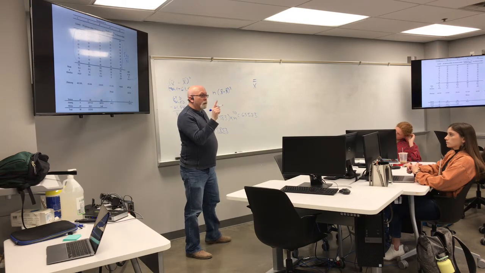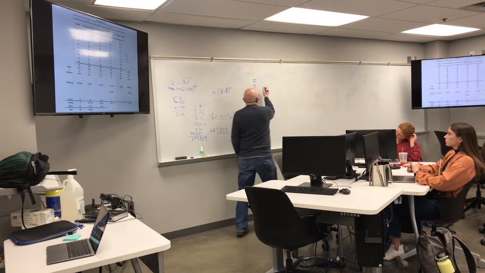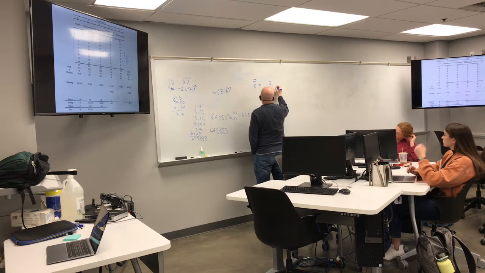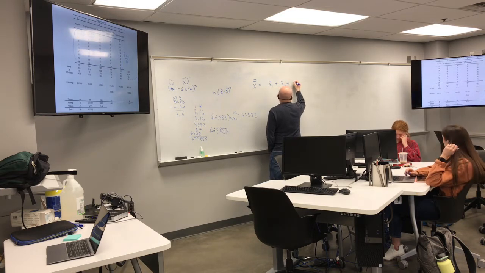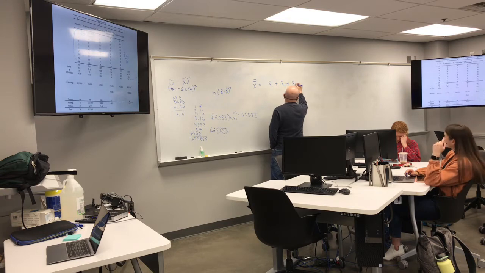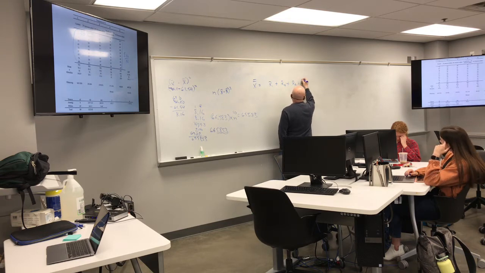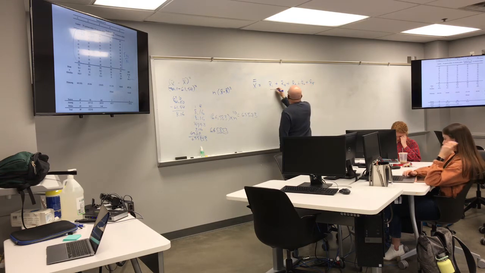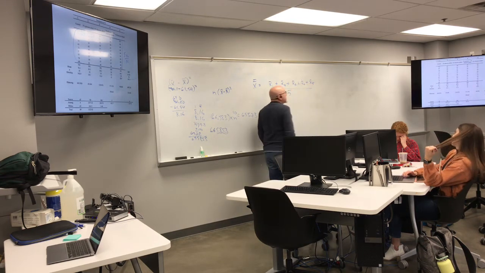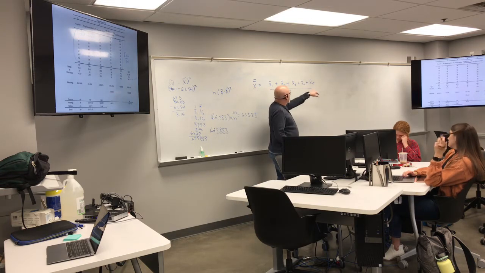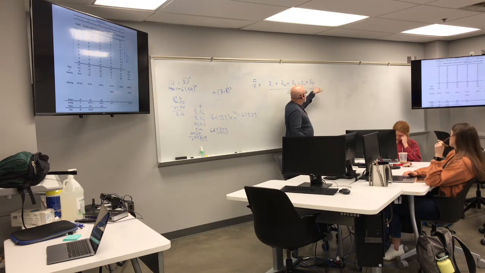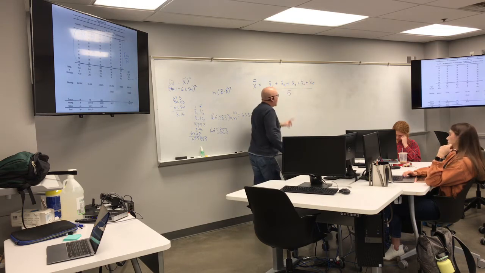The other way, which Blaine mentioned, is you can do it based on the means. The mean of the first treatment plus the mean of the second treatment plus the mean of the third plus the mean of the fourth plus the mean of the fifth, divided by 5.